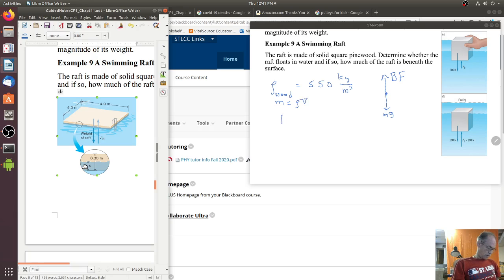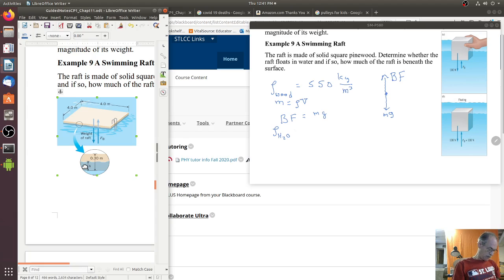So the buoyancy force is the weight of the water, according to Archimedes' principle. It's the weight of the water that's displaced, and that's equal to mg. So the buoyancy force is equal to the density of water. I'm going to call that H2O because water and wood start with the same letter. The density times the volume.